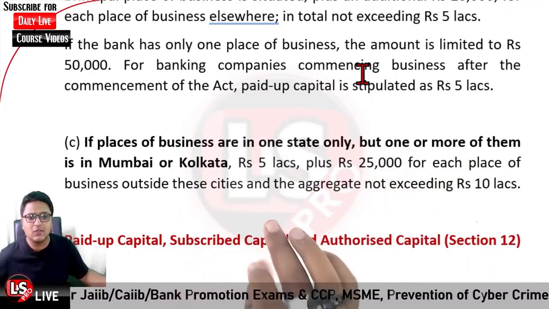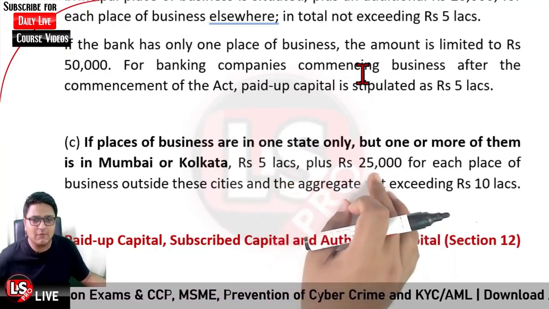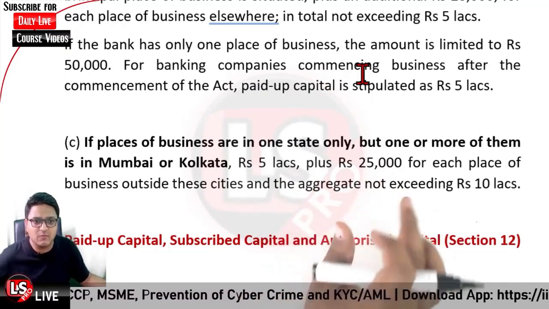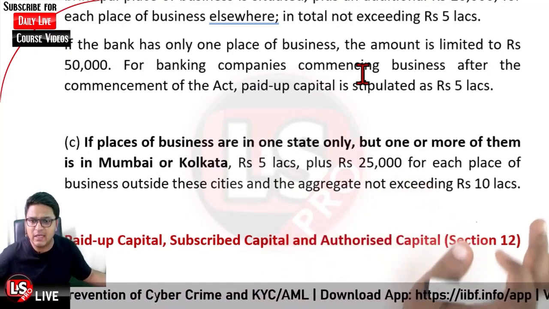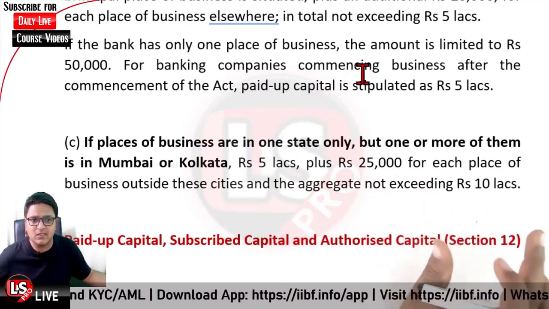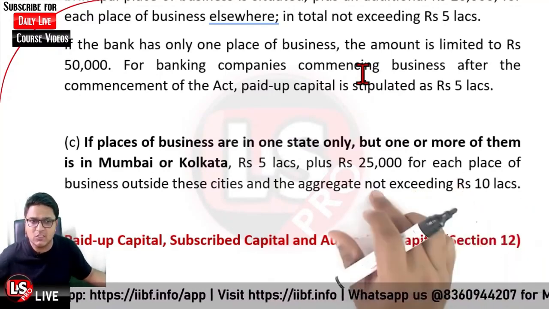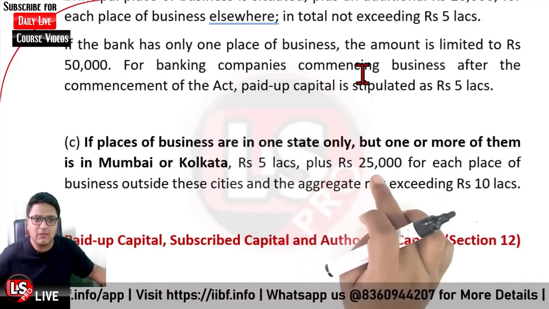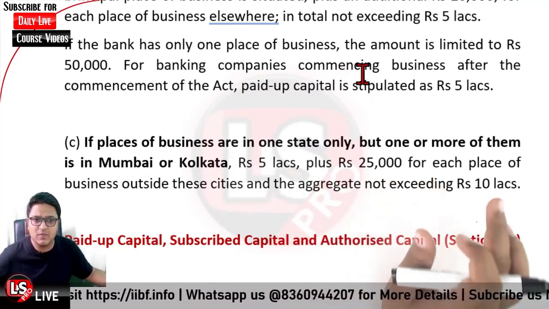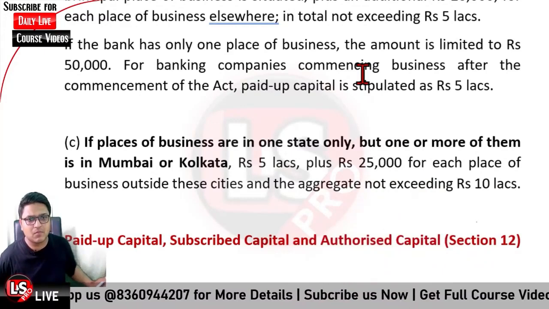In that case, rupees 5 lakh for the principal place of business and rupees 25,000 for the other places of business, not exceeding rupees 10 lakh. Is it clear? If it is a single state bank but it is operating in Mumbai or Kolkata, in that case rupees 5 lakh for the principal place of business and 25,000 for each place of business outside these cities.